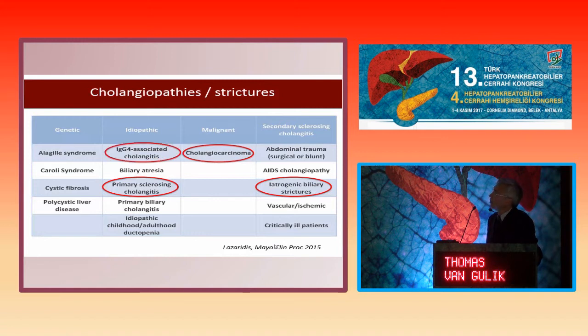But then, more in recent years, we have seen this type of IgG4 associated cholangitis appearing now as an entity. And the first speaker this morning already alluded to that syndrome. So I'd like to take a few moments with you to talk about that, because it's so important to recognize that, because those patients are treated very well on steroid therapy.